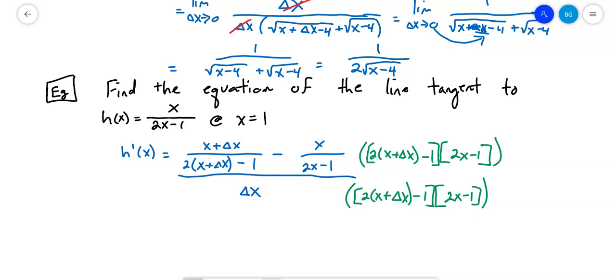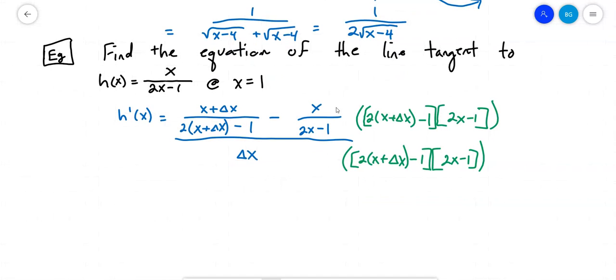All right. So what I'm going to do is distribute that numerator. And when I distribute here, notice that this will cancel this, and I'm just going to be left with 2x minus 1. So I'm going to get x plus delta x. And I guess I'll put the part in green that's coming from the right side, 2x minus 1.